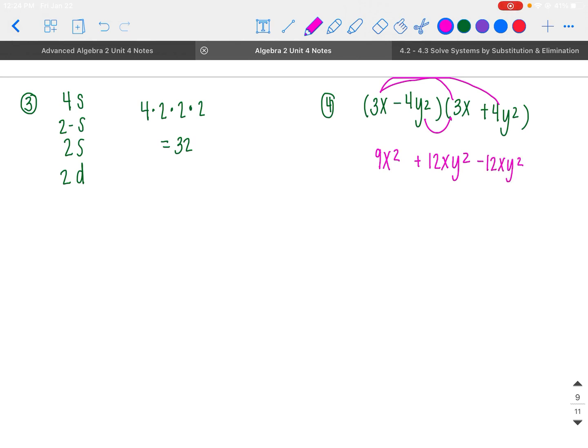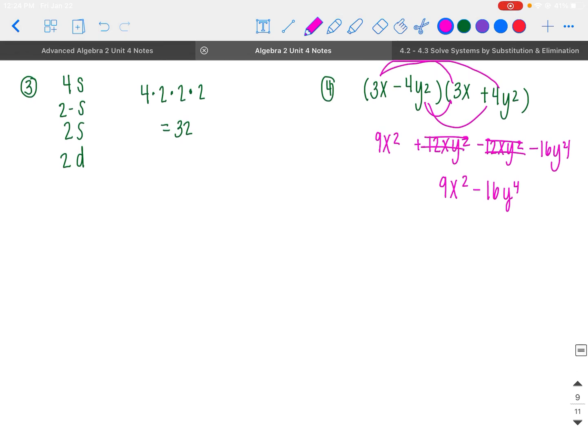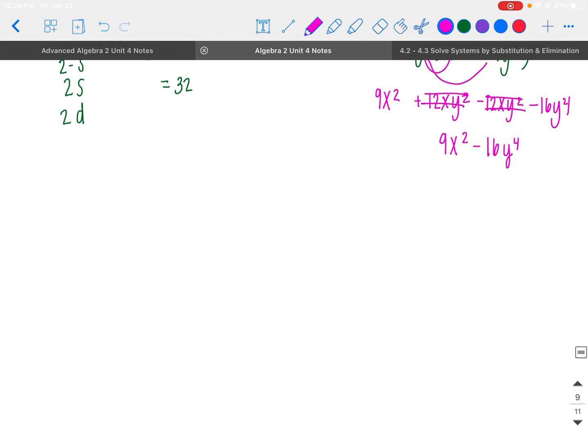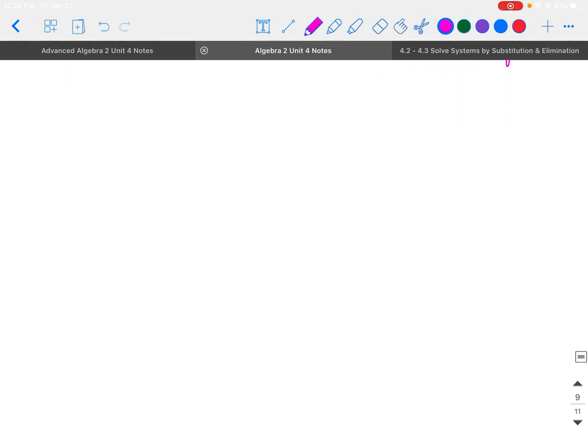And then we get a negative 12xy squared and a negative 16y to the 4th. These middle terms would cancel out, leaving us with 9x squared minus 16y to the 4th, which is A. Anytime you have difference of squares, those middle terms will cancel out.